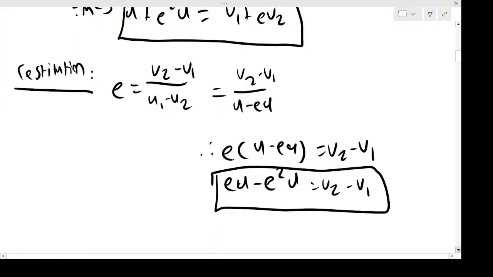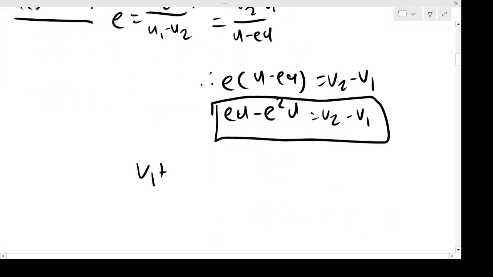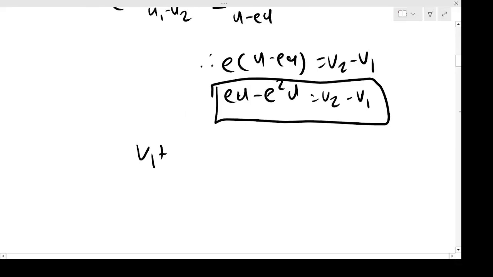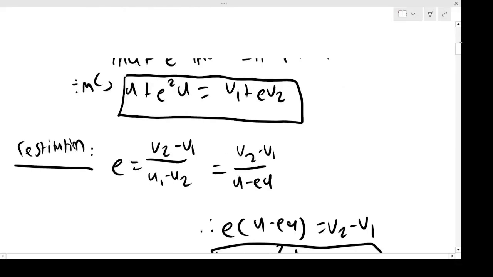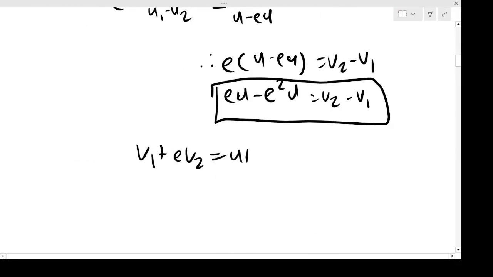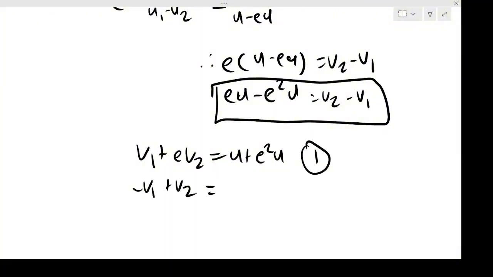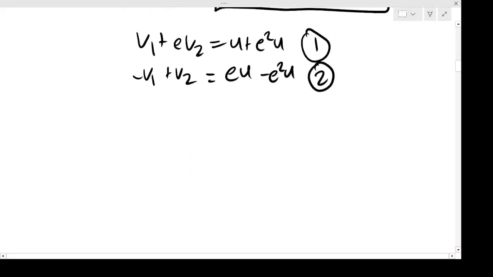So if I rewrite them here, I have V1 add EV2 is going to equal U add E squared U. That's my first equation. And then here, minus V1 add V2 is going to equal EU take away E squared U. Okay, now I want to solve for these V's here.